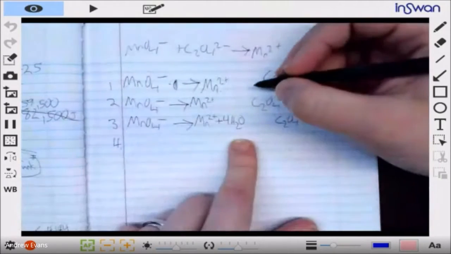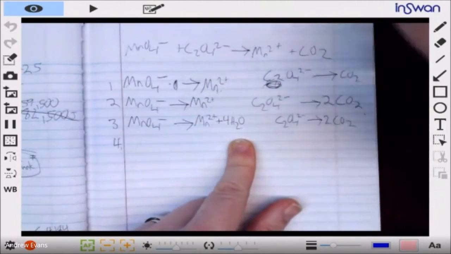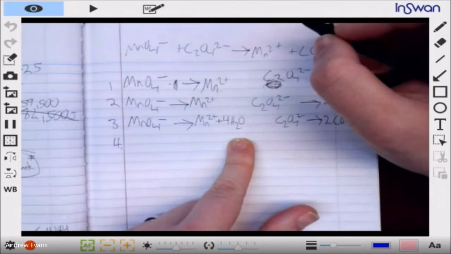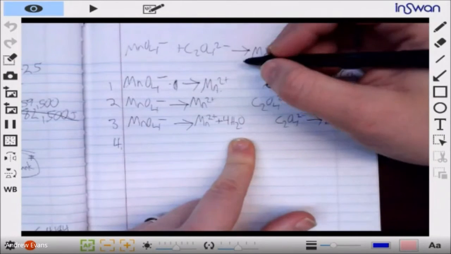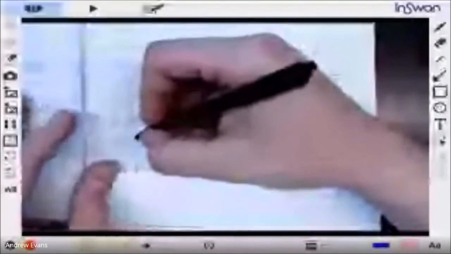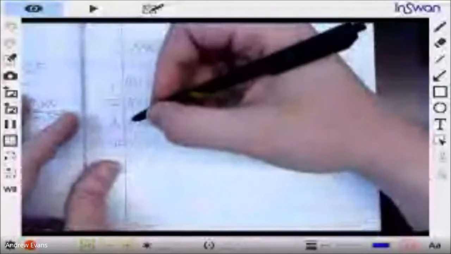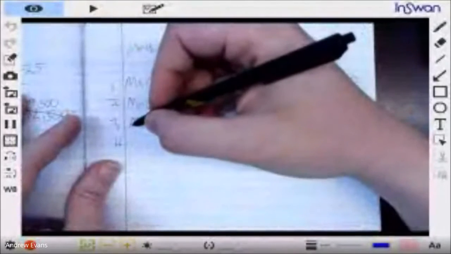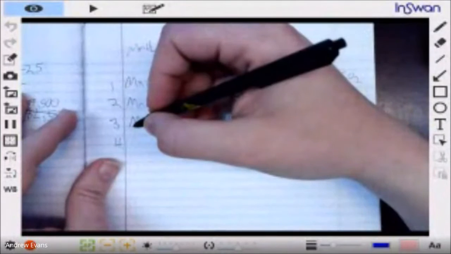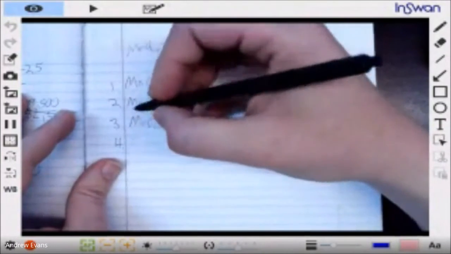Step 4, now I've created a disturbance by adding hydrogens. So I have to balance the other side by adding H+, protons. We're going to assume this is, what did we learn in the acid-base chapter? If there is water, there is acid, there is base. There is going to be a natural abundance of acid because water can break apart into acid and base.